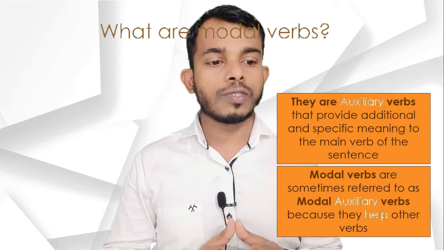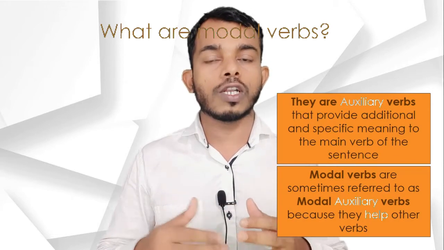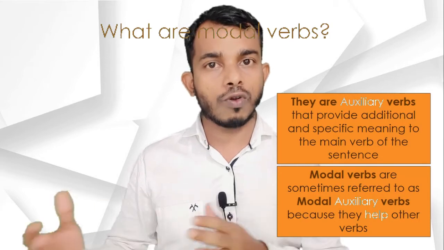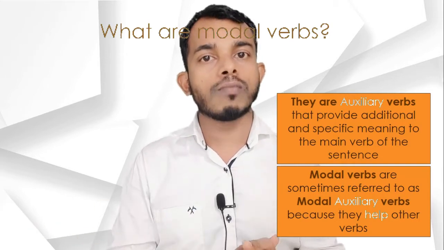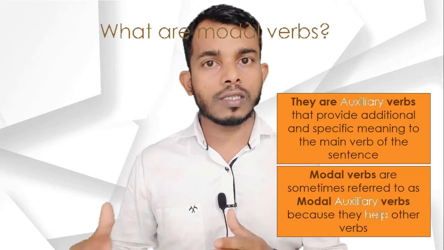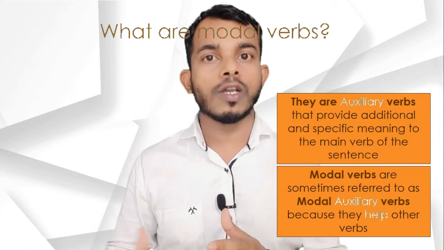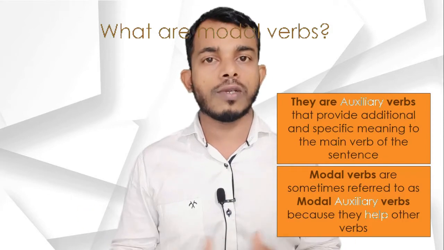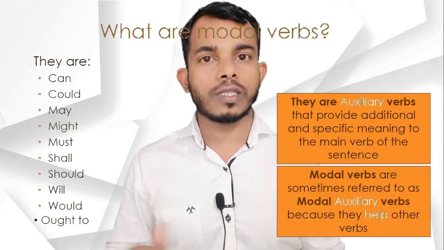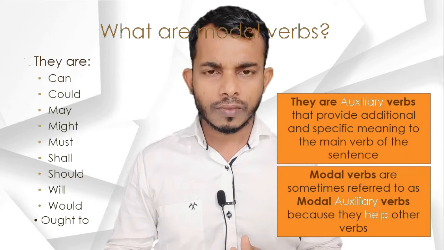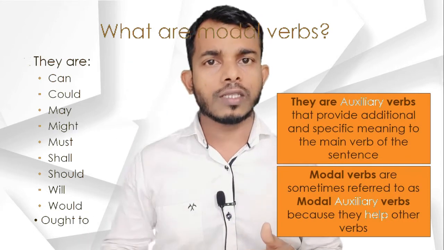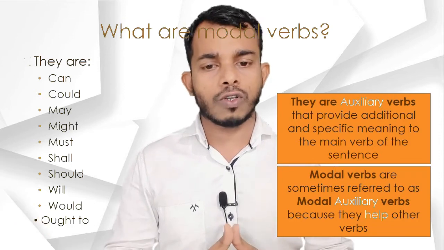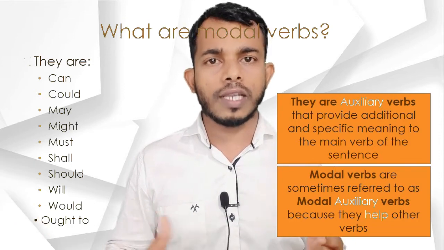Modal verbs are sometimes referred to as modal auxiliary verbs because they help others. As modals help the main verb, they act as helping verbs, so we also use the term modal auxiliary verbs. Even in the first video I said this, just to familiarize you with the term. Examples of modals are can, could, may, might, shall, will, would.